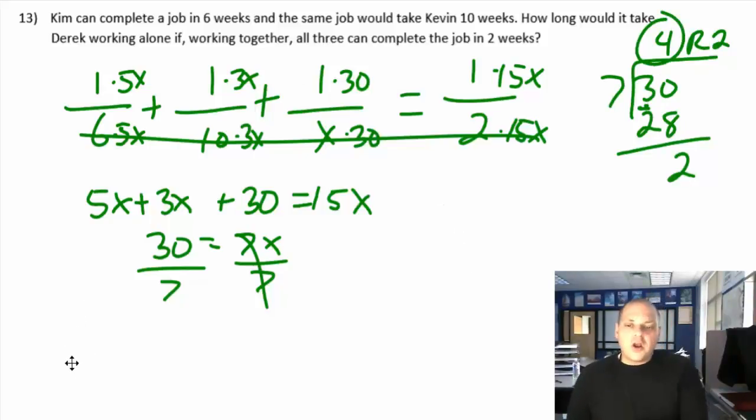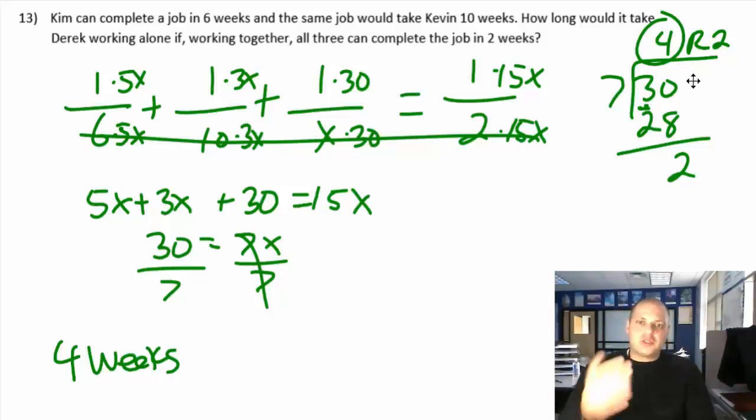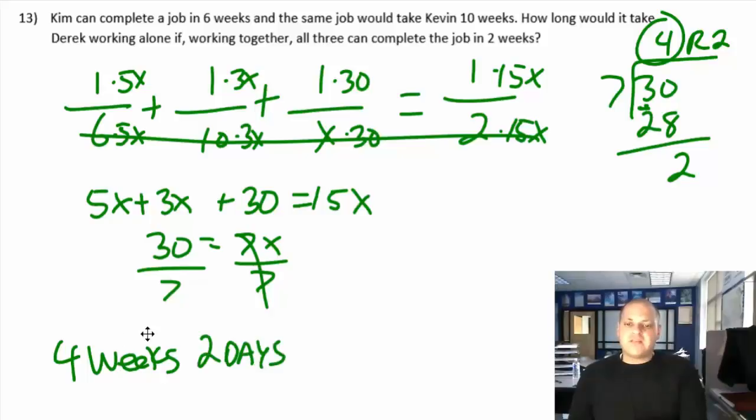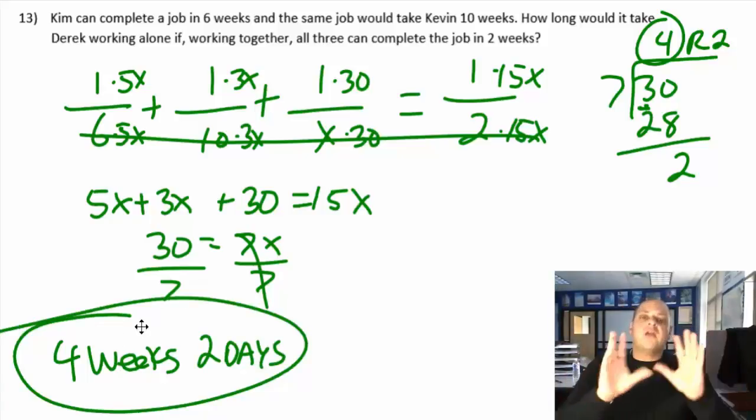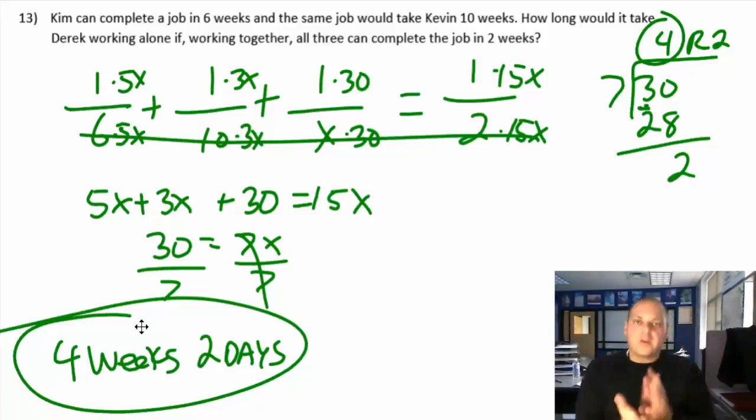So 4 weeks and 2 sevenths of a week. How many days is that? What's 2 sevenths of a week? 2 days, right? So 4 weeks, 2 days. It would take 4 weeks and 2 days if Derek, working alone, did it.